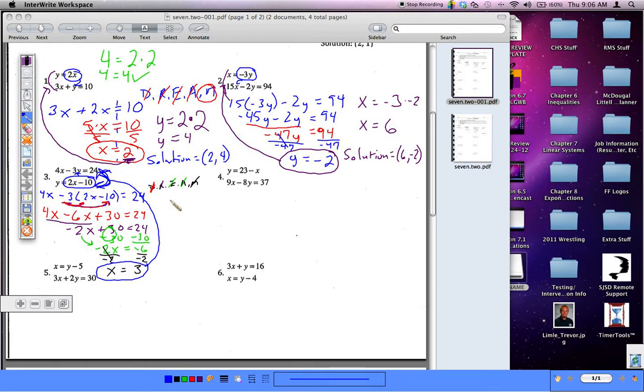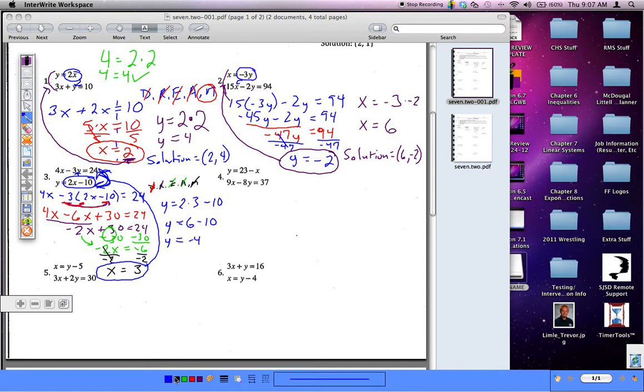I'll go ahead and do the second one. So y equals 2 times x minus 10. 2 times 3 is 6 minus 10. And 6 minus 10 is negative 4.